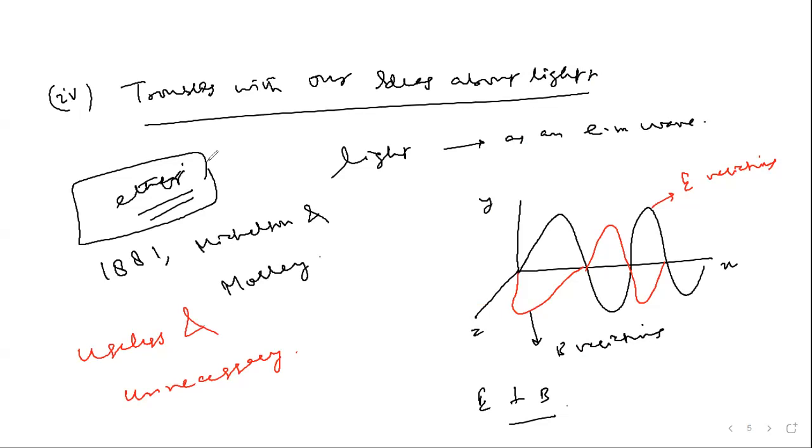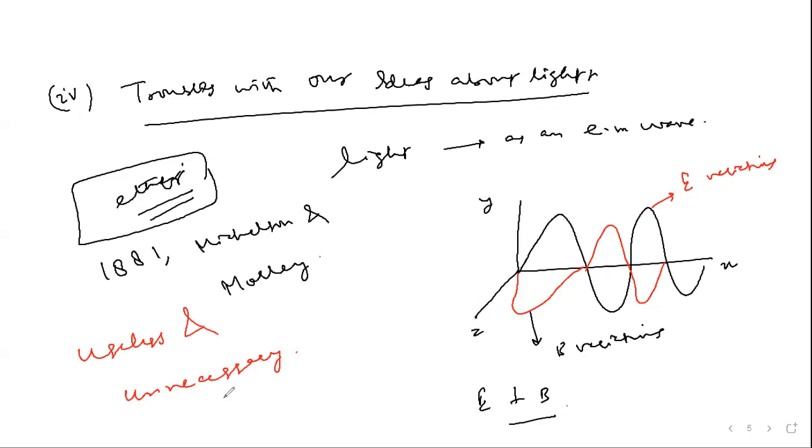The Michelson-Morley experiments and other experiments after that detected that speed to be zero.